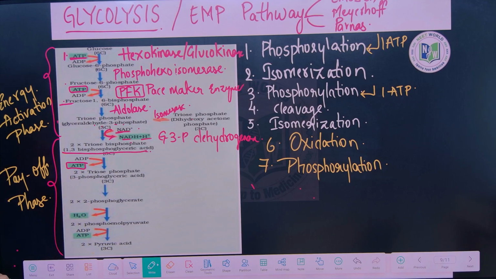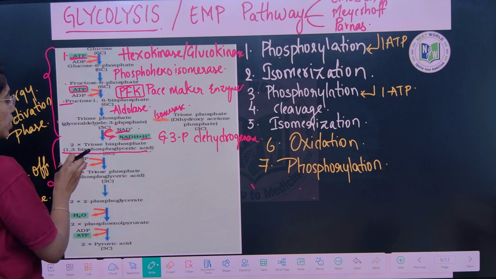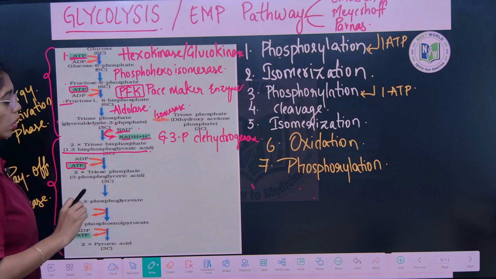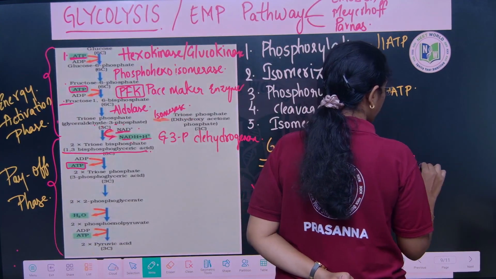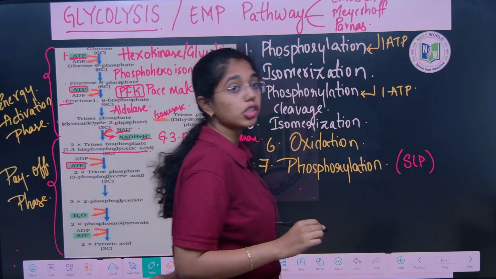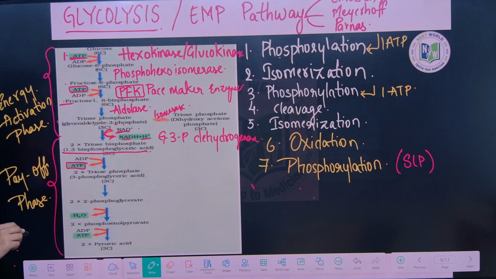So the 7th step is what? Phosphorylation, where ATP is formed from 1,3-bisphosphoglyceric acid. So this is also known as substrate level phosphorylation.